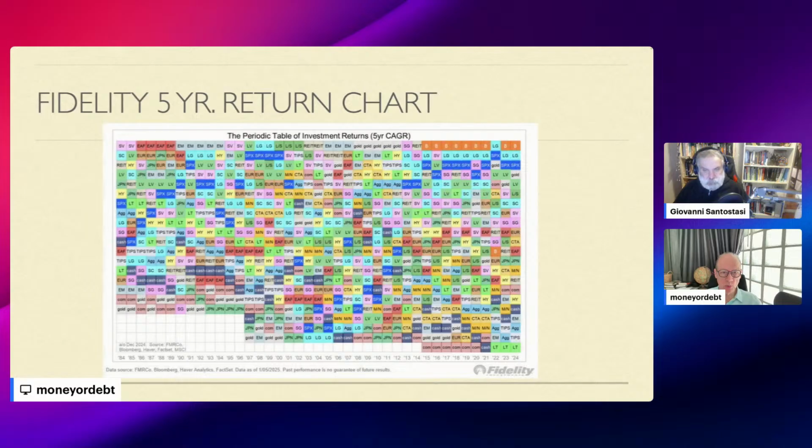Some people will have seen a different Fidelity chart that's almost as impressive. What this is, is Fidelity rank ordering 22 different categories of investments. They're all color coded, and they have things like the S&P, which is SPX, REITs, Europe, Japan, gold, commodity trading advisors, long-term bonds, on and on.